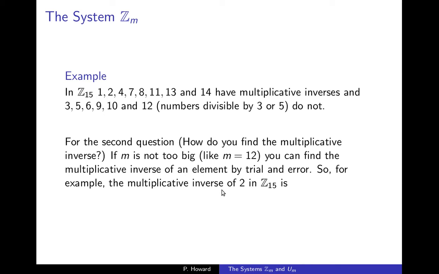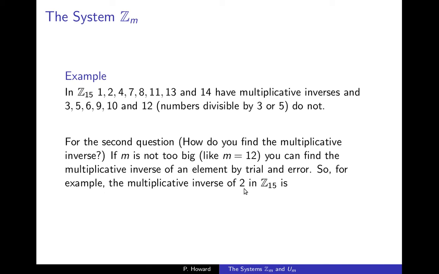So if I were looking for the multiplicative inverse of 2 in Z15, 15 isn't too large either. The greatest common divisor of 15 and 2 is 1, so 2 has a multiplicative inverse in Z15.